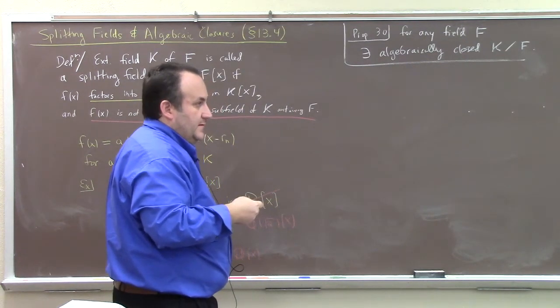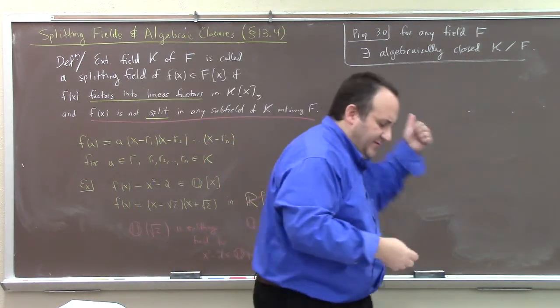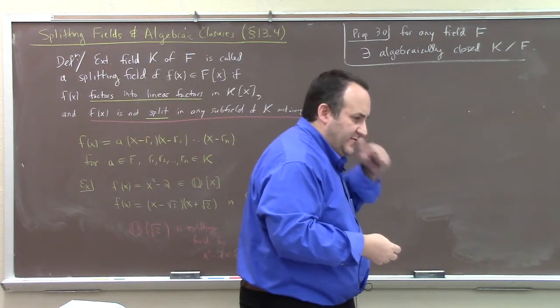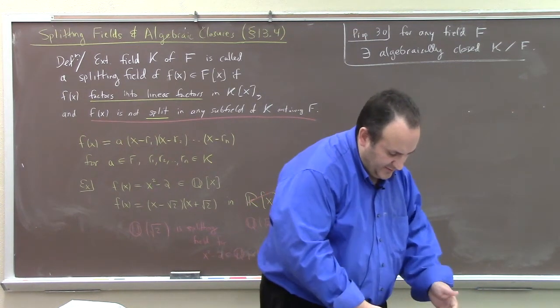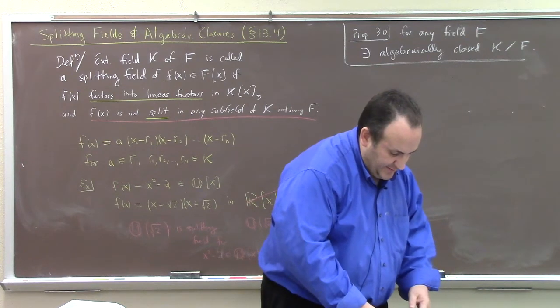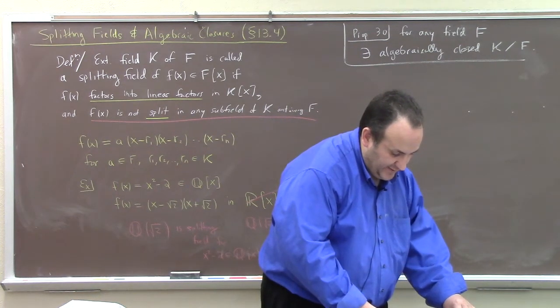But the proof of Proposition 30 involves some pretty heavy-hitting stuff: a really clever argument due to a mathematician named Artin, and Zorn's lemma and such.